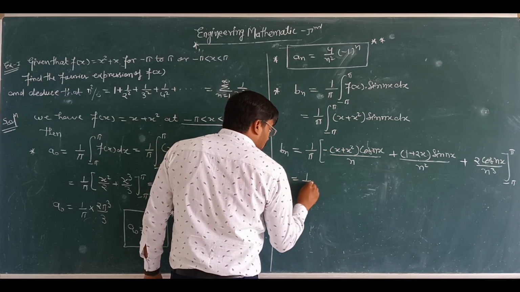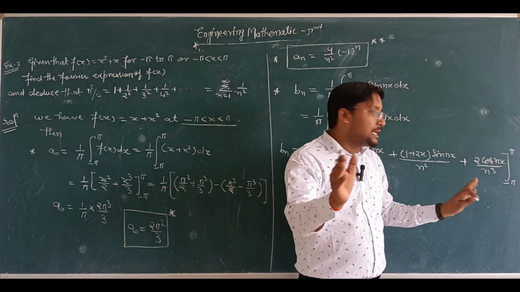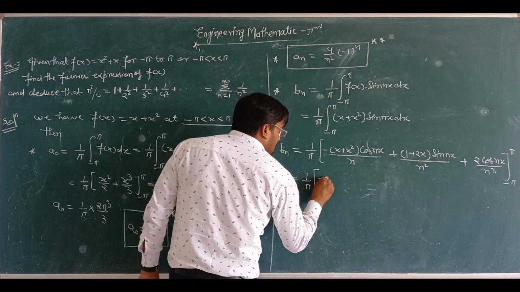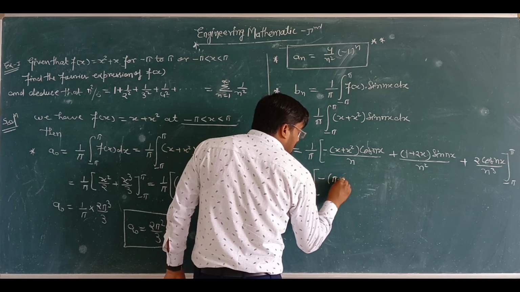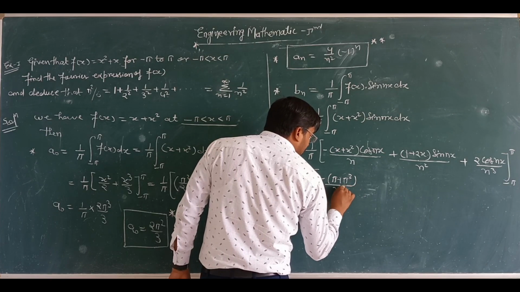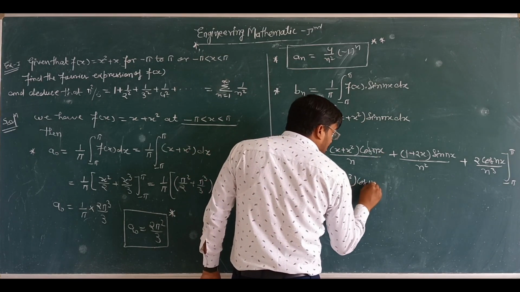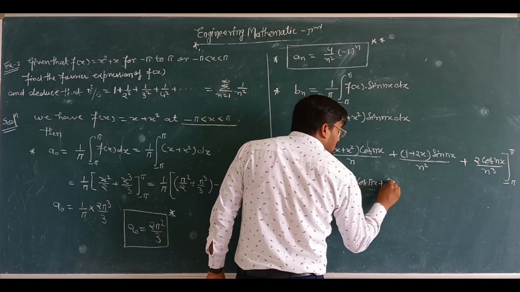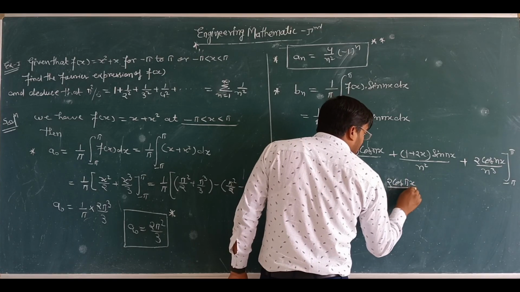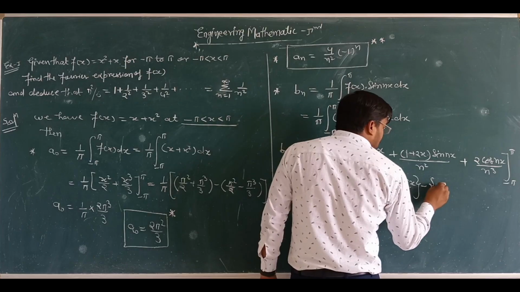You can write 1 upon pi. The function of sin x will be 0. Now the two functions are vary, minus pi cos and this cos. You can write minus pi plus pi square upon n cos pi x plus 2 cos pi x upon n cube, minus, put the limit of minus pi.